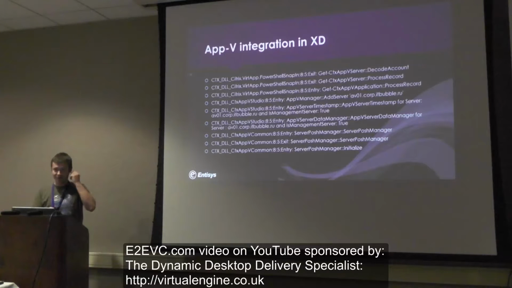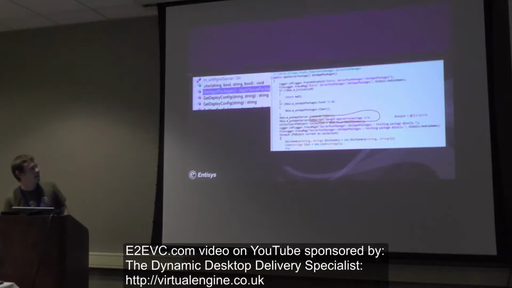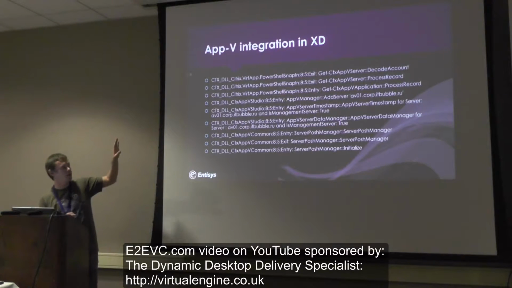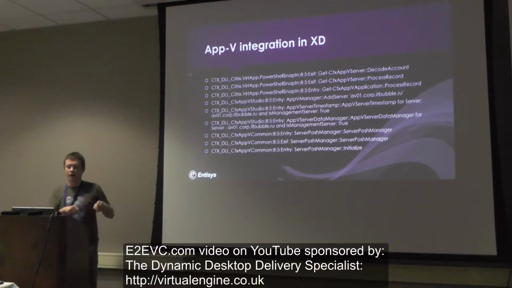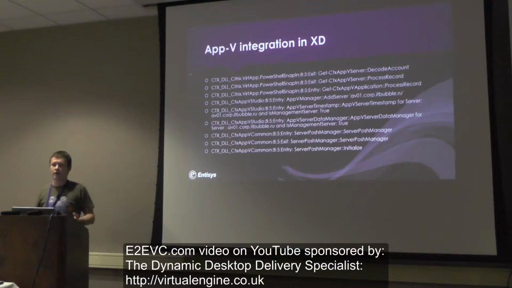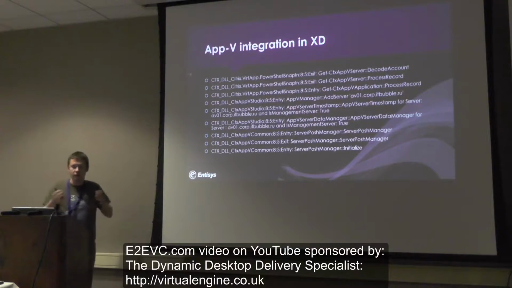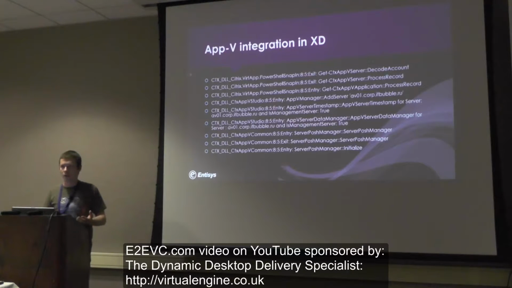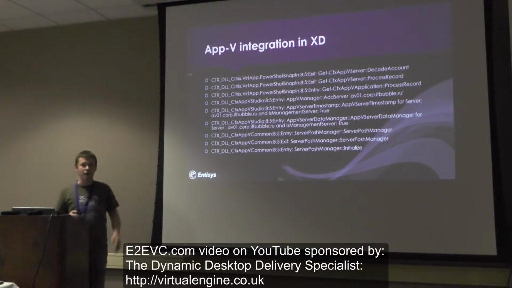Okay, this is a small piece of the CDF trace, and my problem was that applications are not enumerated. I don't see the applications. I configured everything and connected my environment to the App-V server, and then when I try to enumerate applications to publish them, there is nothing. So I checked. I started a CDF trace.